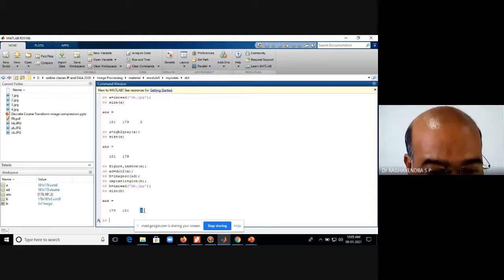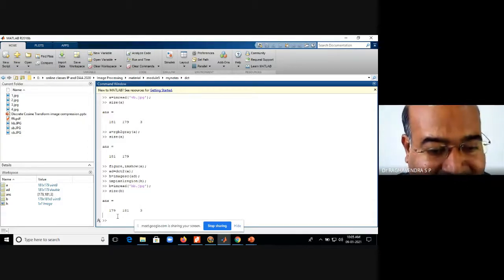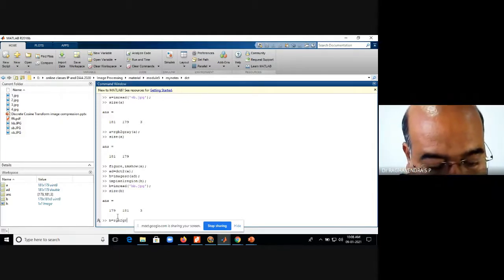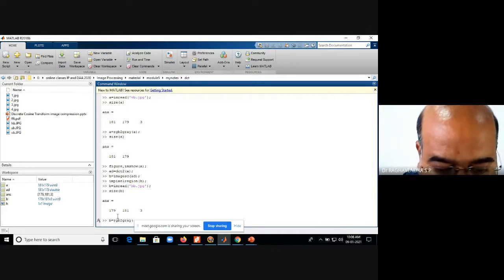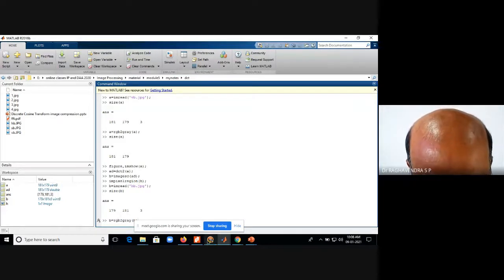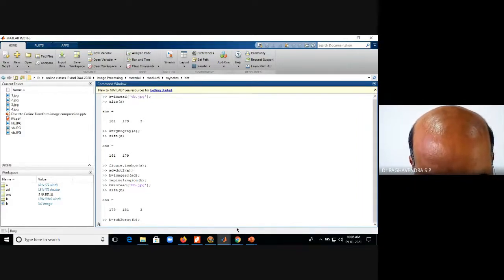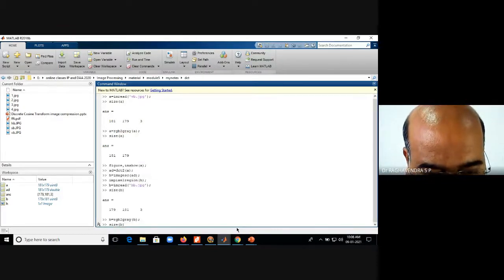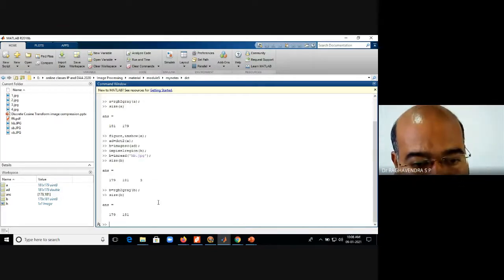We can easily notice the third component here. Hence we need to convert this using rgb2gray of B. Now execute size of B once again. The third component is gone now, because it has been converted into a single layer image.